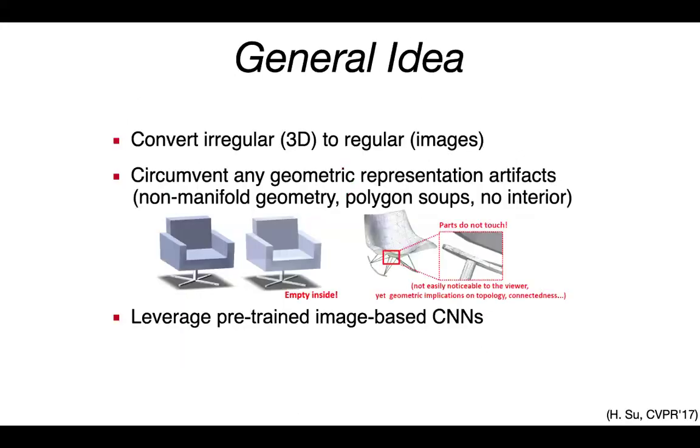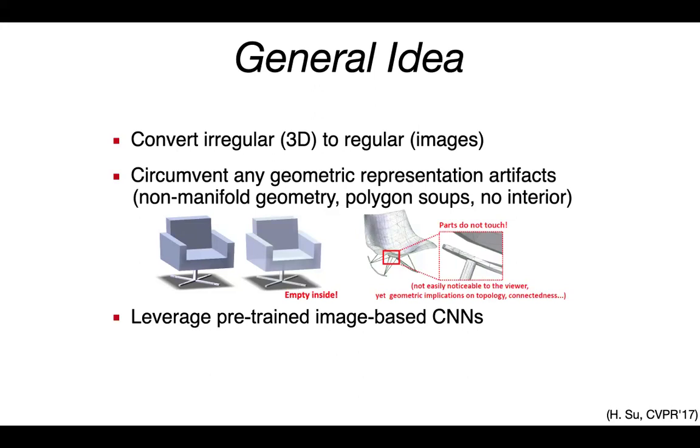Okay, so the general idea here is that because we have a regular structure that's just a 3D grid, it's simple to convert irregular representations like meshes and other 3D representations to this regular 3D grid.